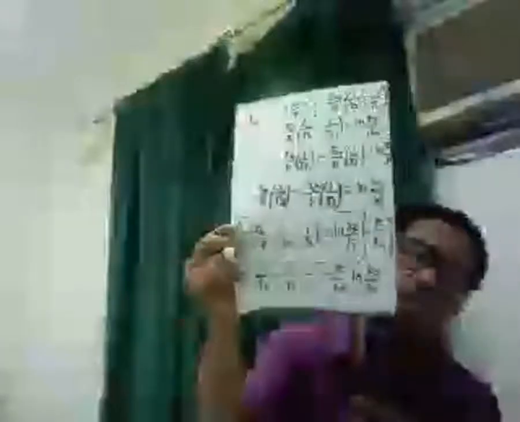After that, solve for the value of T2. So 1 over T2 is equal to, transposing, this one. 1 over T2 transposed.